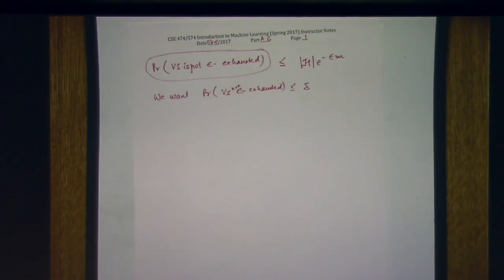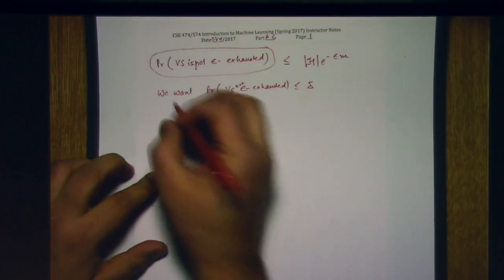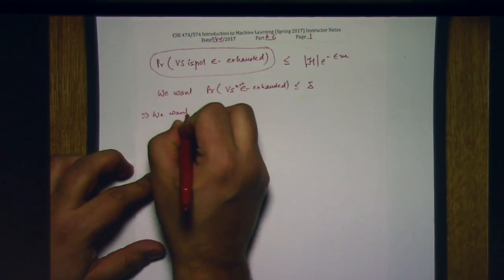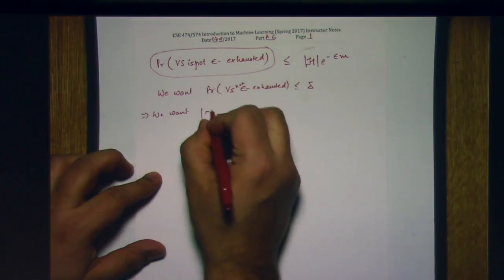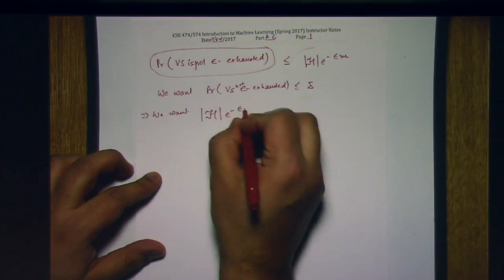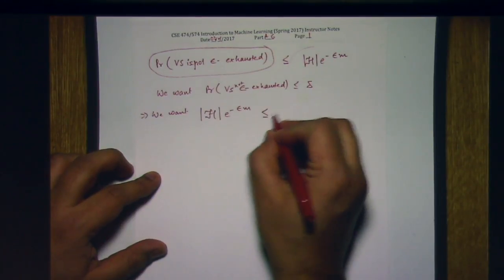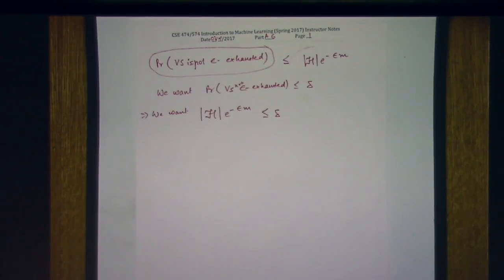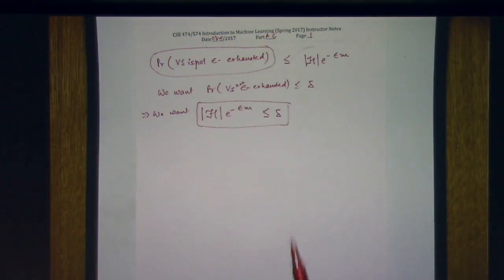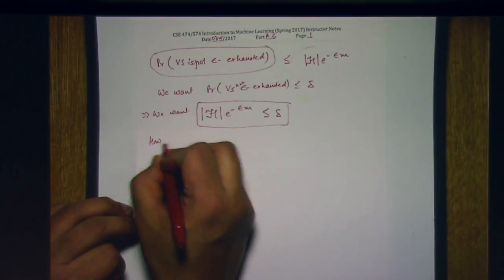So make sure I don't mess up the notation, right? Which means we want this probability to be less than or equal to delta, right? So now what we want is, how much m do we need?